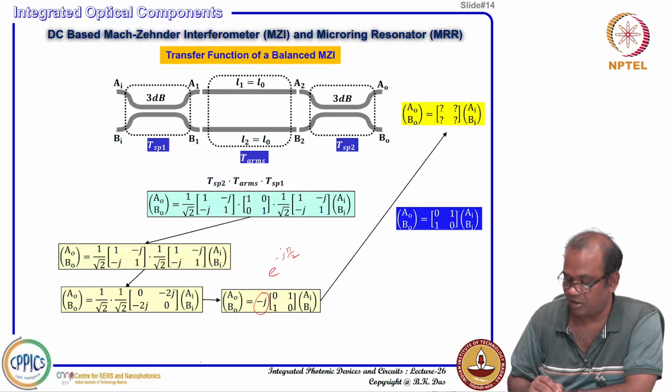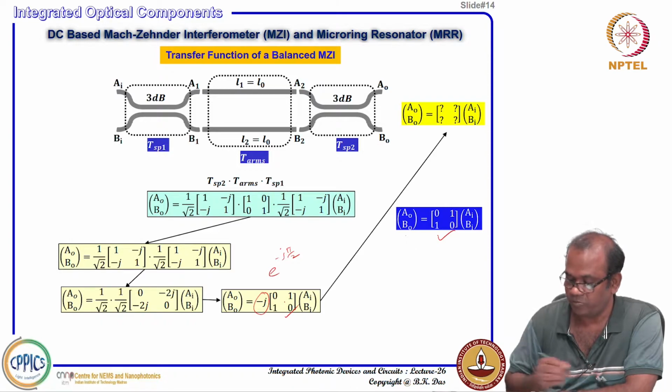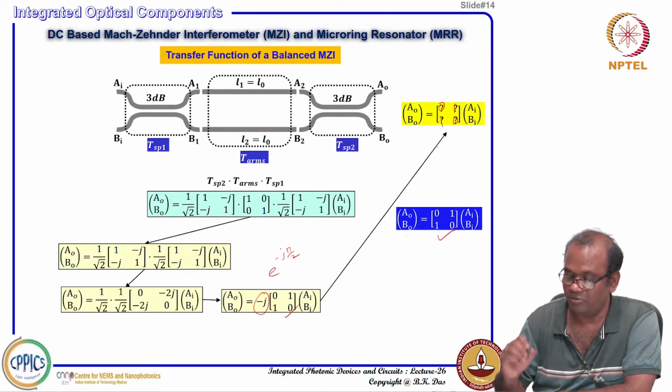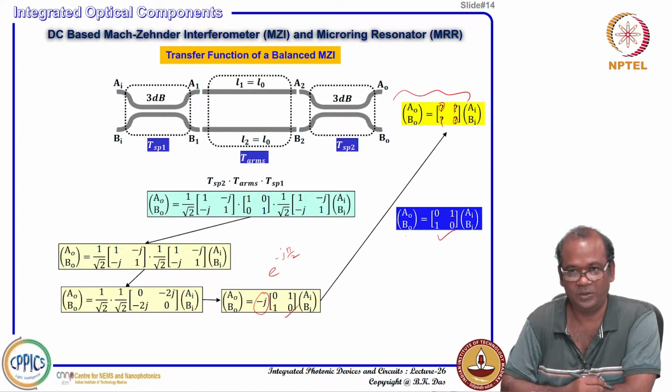Then A naught, B naught can be related only to this central portion, with the minus j common factor removed: this one will be 0, this one will be 1, this one will be 1, and this will be 0. So, I now know the transfer matrix for the balanced Mach-Zehnder interferometer.